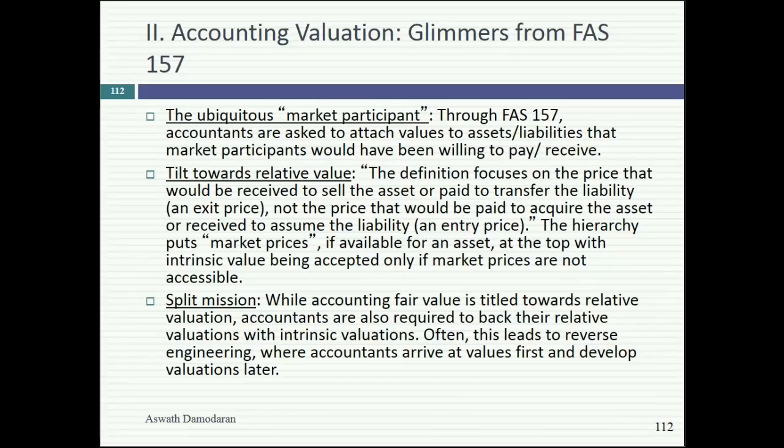They were asked to assess numbers for assets based on what market participants would be willing to pay today in an arm's length transaction. That's exactly the words used in the original rule. So, what market participants will be willing to pay today in an arm's length transaction.